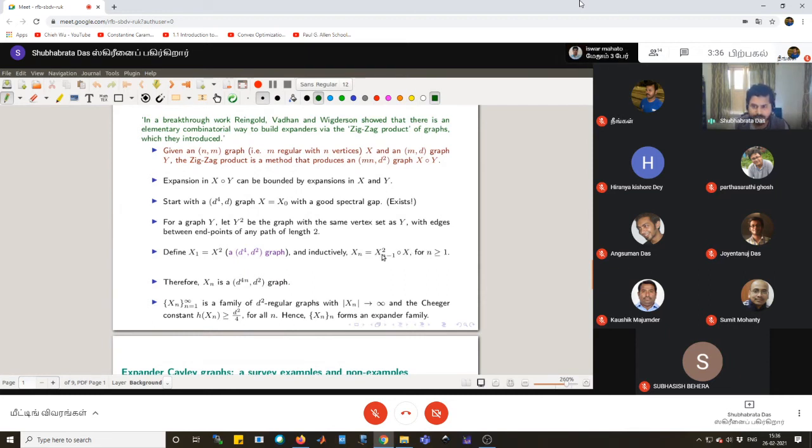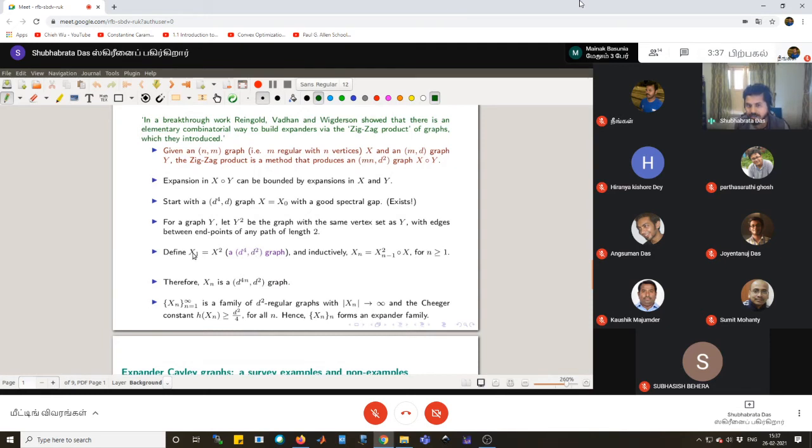Now what is x1 squared? x1 is x squared, and x squared is a d to the 4, d squared graph. The vertex set remains of the same size, and the degree changes: here it is d squared.